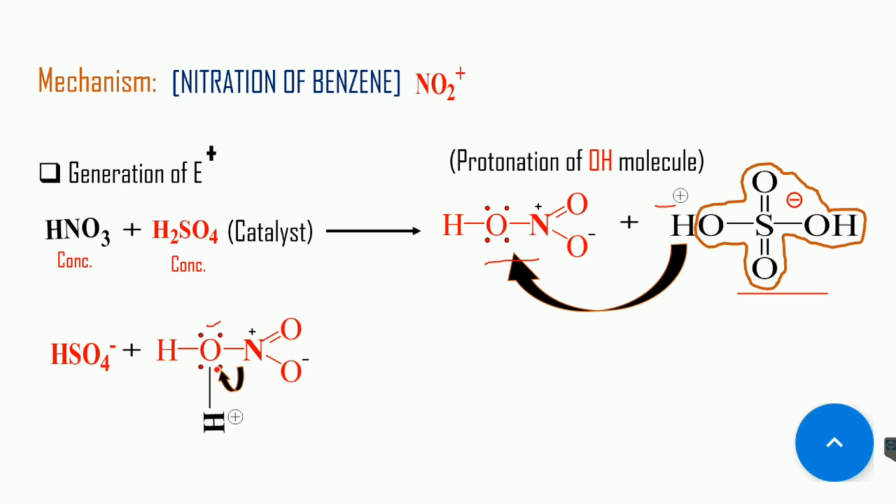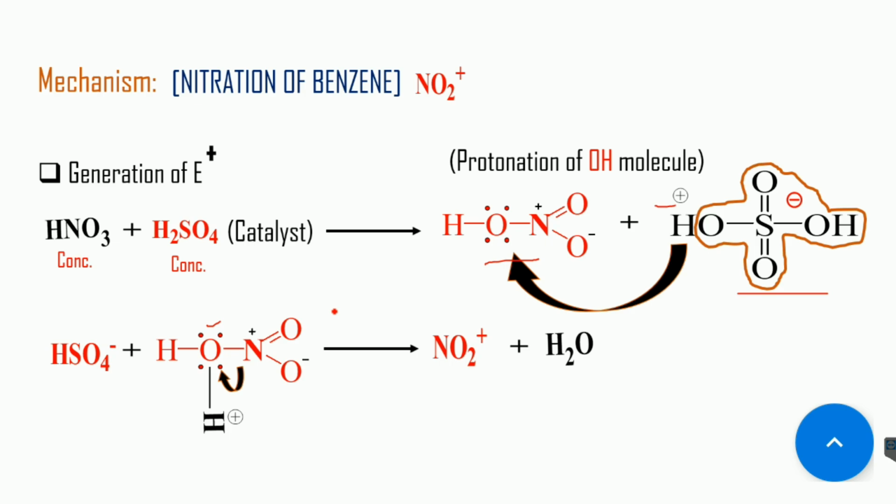This will be removed from the reaction, and the remaining part, NO2 plus, is the electrophile. Finally we get our electrophile, like this. Okay, understood? So this is all about our first step, generation of electrophile.